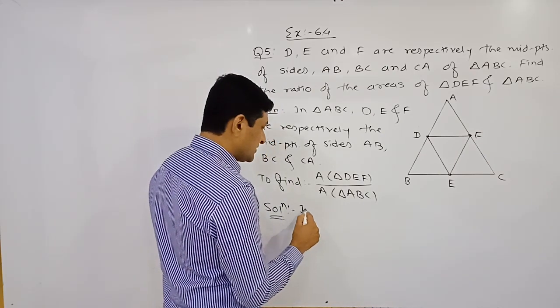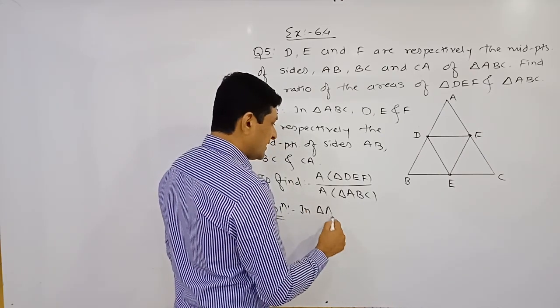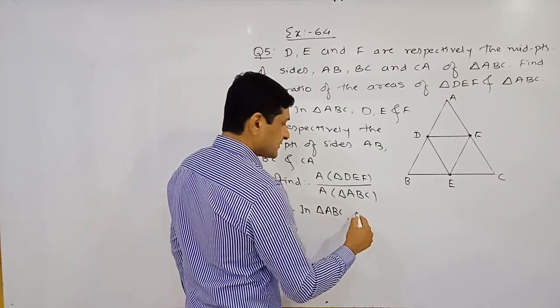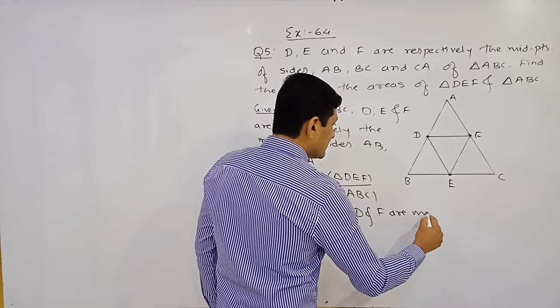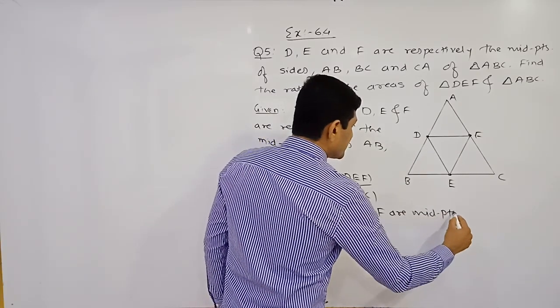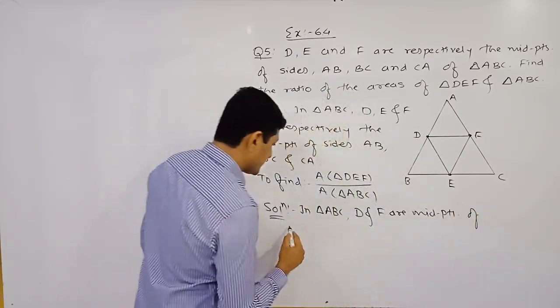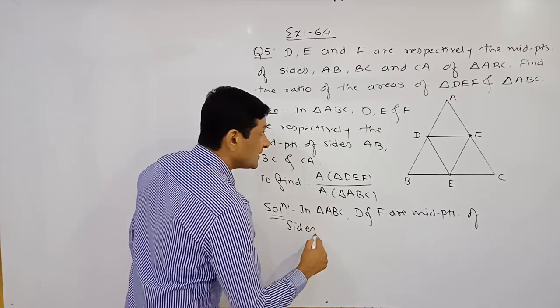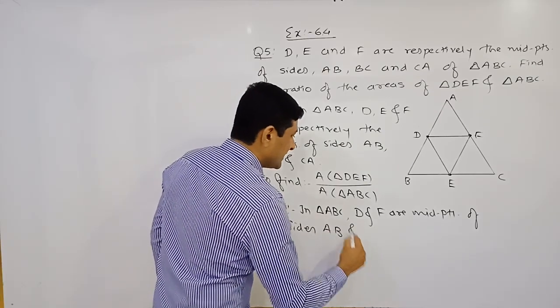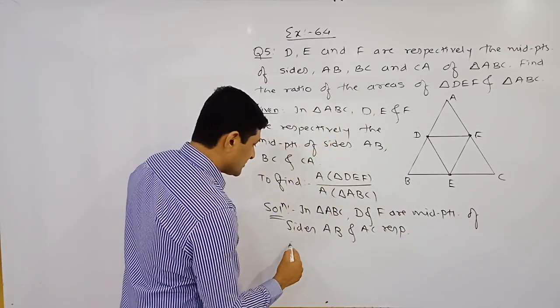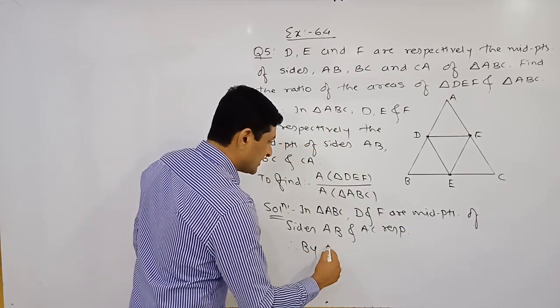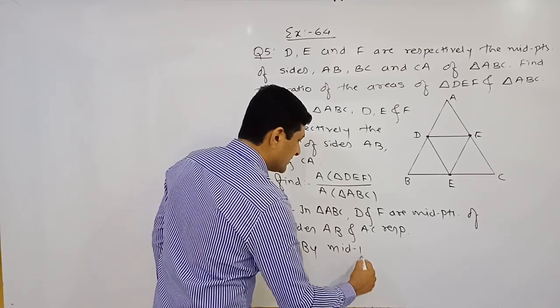So here it is given that in triangle ABC, D and F are midpoints of sides AB and AC respectively.